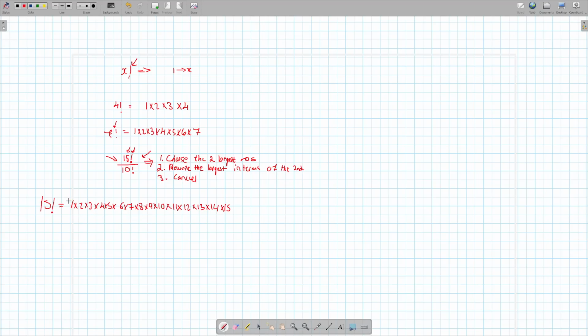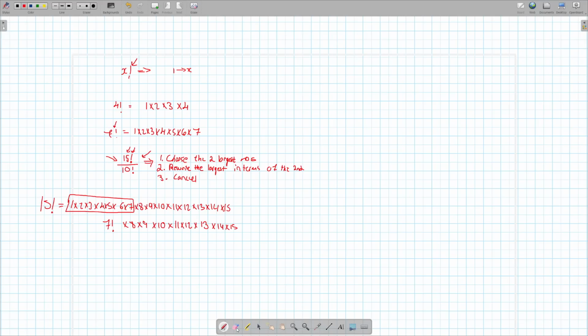But let's say I wanted to take here 1 times 2 times 3 times 4 times 5 times 6 times 7. Isn't this the same as saying 7 factorial? So 15 factorial can be written as 7 factorial times 8 times 9 times 10 times 11 times 12 times 13 times 14 times 15.